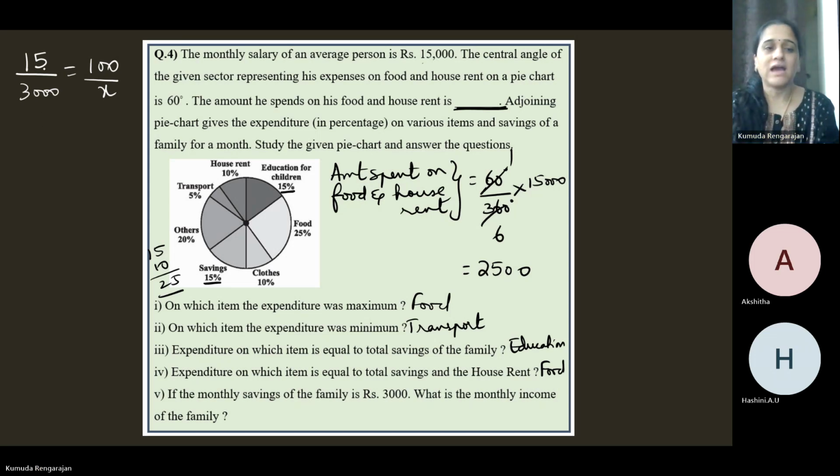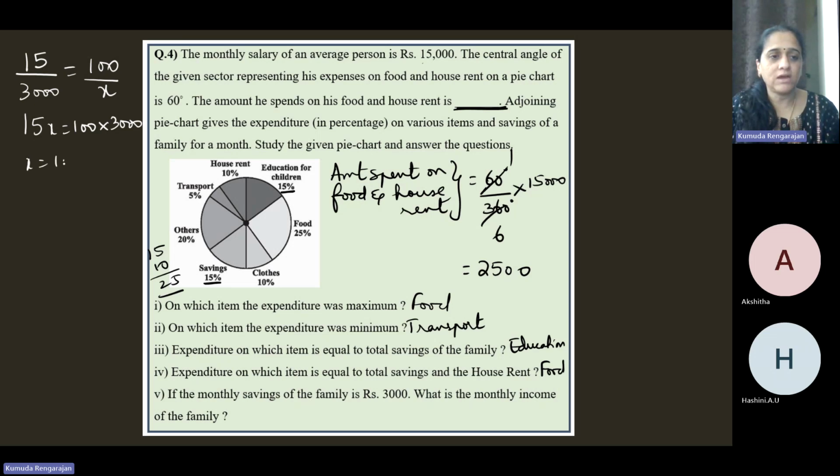All right, I'll repeat. 15% is what? Savings percentage. And 3,000 is savings in rupees. In the numerator, 100 percentage. So in the denominator, what will you get? The total. What is total? Total income. So cross multiply: 15x is equal to 100 into 3,000.